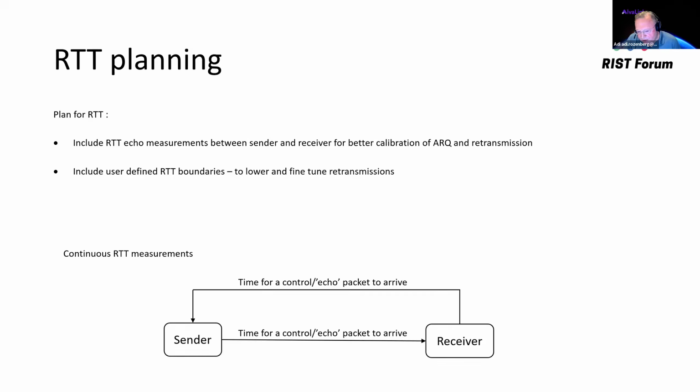And from that, a receiver can deduce how fast it should request packets, or sometimes what the network behavior is. But sometimes it can cause aggressive behavior, and we suggest that users and implementers allow RTT boundaries. This is basically a manual override of the RTT measurement. It is important because sometimes you want to say, I understand that you are doing measurements, but I am smarter than you.